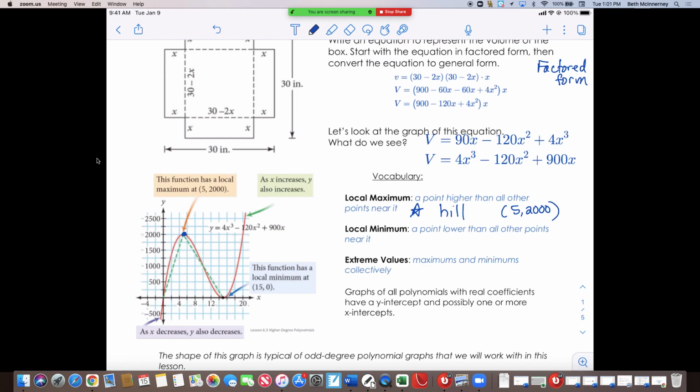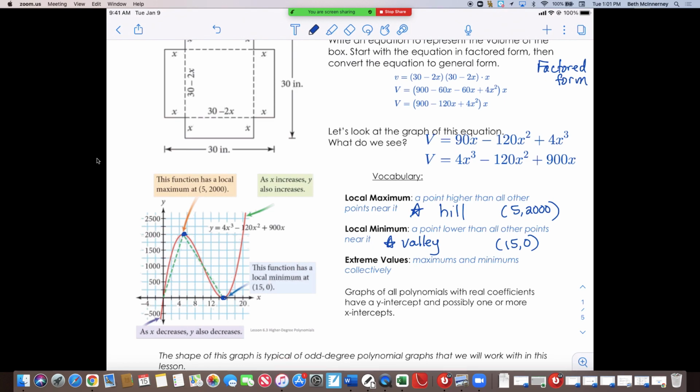A local minimum is a valley. It's like in that neighborhood, there are no points lower. So if you see here on the graph, I have a local minimum at 15, 0. Extreme values refer to maximums and minimums.